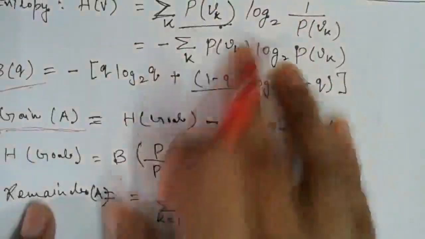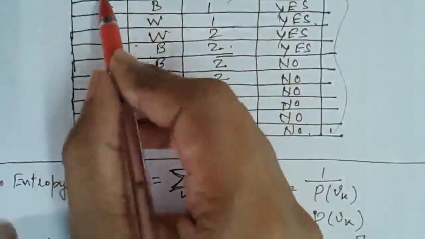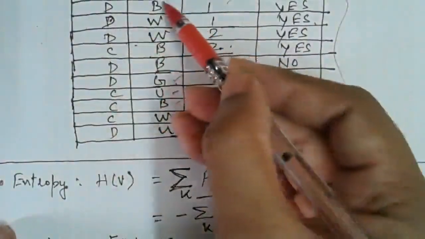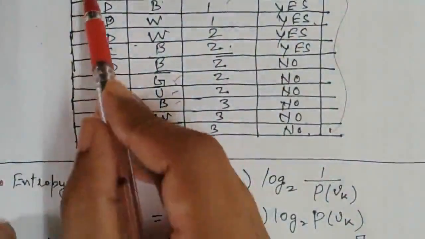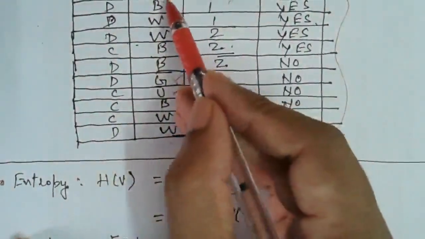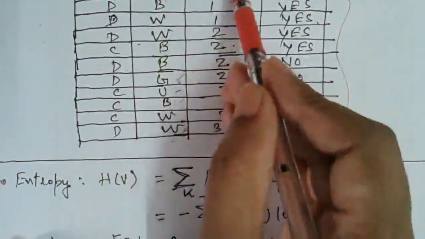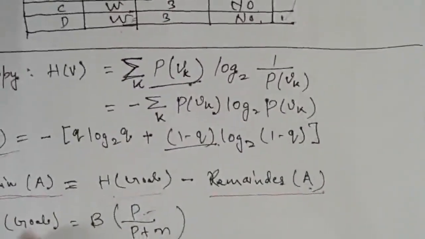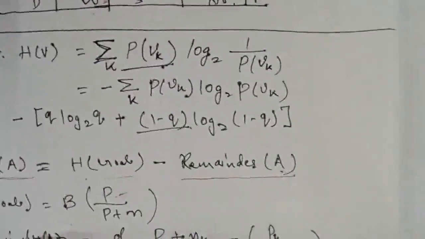For example, here shape can take 2 values, color can take 4 values, odor can take 3 values. So for shape d is equal to 2, for color d is equal to 4 and for odor d is equal to 3. So for a particular value, say for example we take shape is equal to C, what will be its probability?